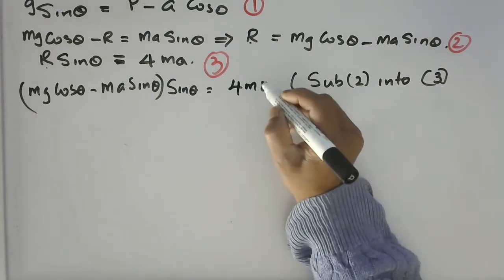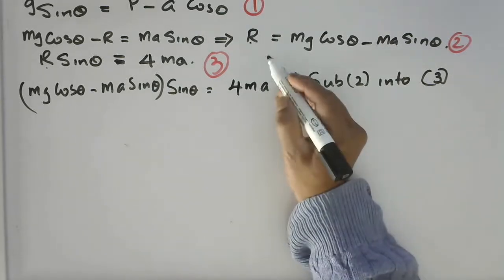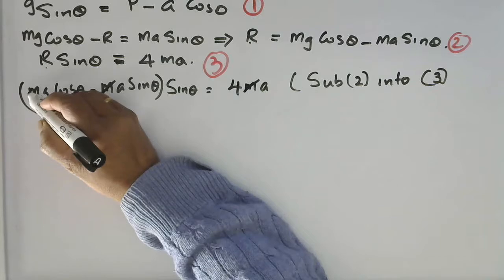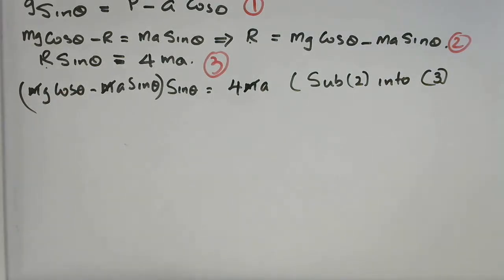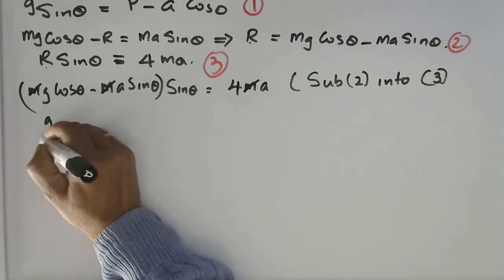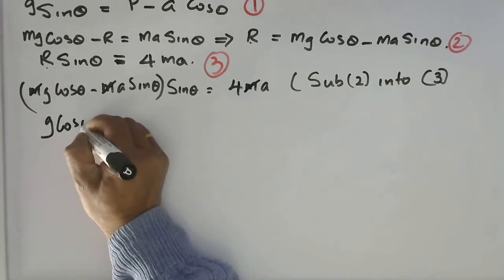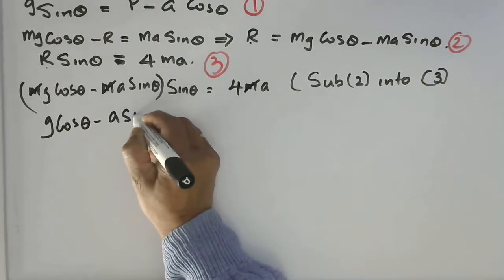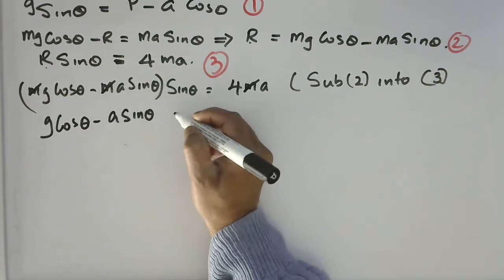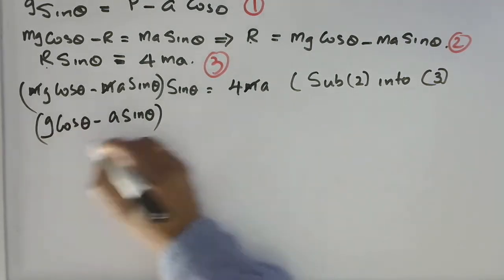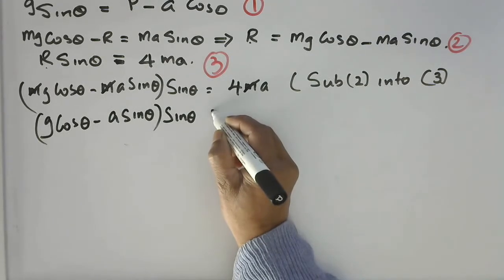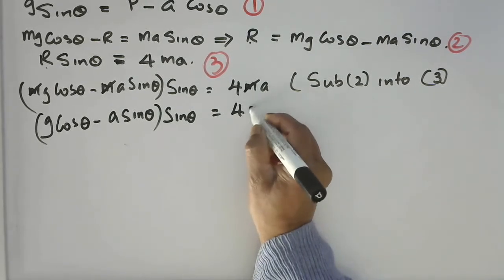From here you can see the m is common for both sides, so I'm going to cancel that. So you will have g cos theta minus a sin theta, bracket, sin theta, equal to simply 4a.